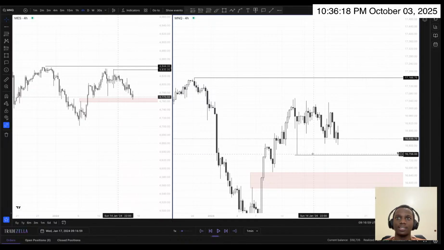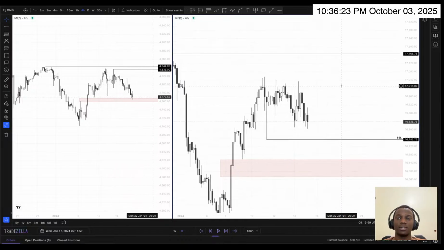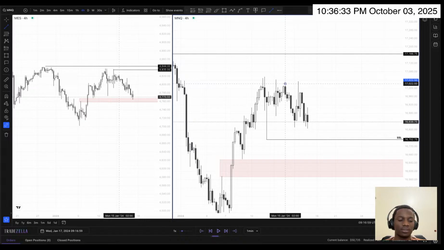This is the 4 hour. I think we will drop to these lows, and we have some relatively equal highs here, but we've run this high here. I think we did yesterday. Let me mark it. So we have this run on liquidity and this SMT.